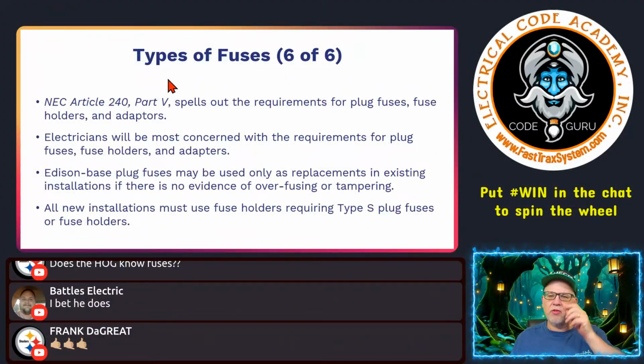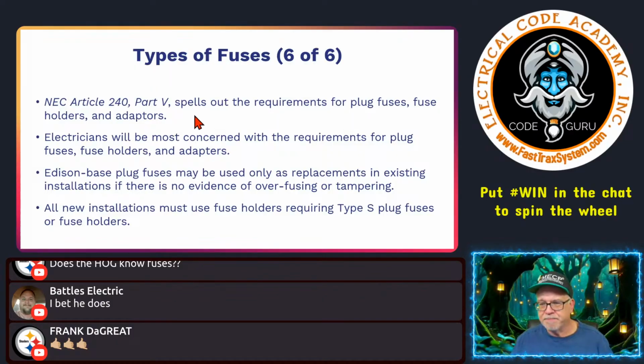All right. So fuses, Article 240, Part 5 spells out the requirements for plug fuses, fuse holders, and adapters. Okay. So everything, the little ones that you would screw in, those type of things, is all covered in Part 5. So on an exam, you get a question about plug fuses, fuse holders in general, adapters, all this kind of stuff, the Type S adapters, you know where to go now.